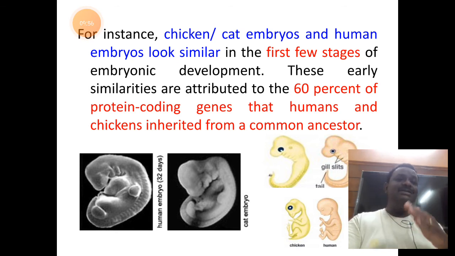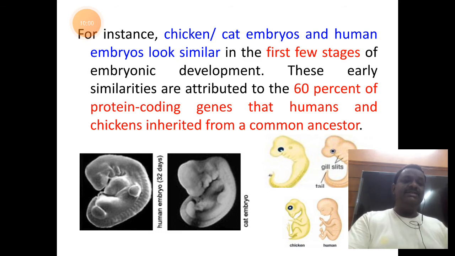So the organisms that show the similarities in different stages in such embryos, the coding genes related to the proteins at that stage were the same, and the proteins they formed were also the same, about 60%. And it is an indication that they all originated from a common ancestor.